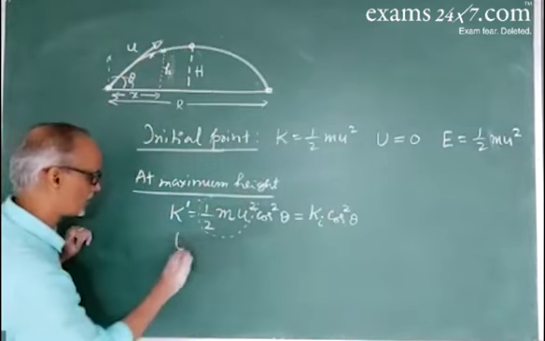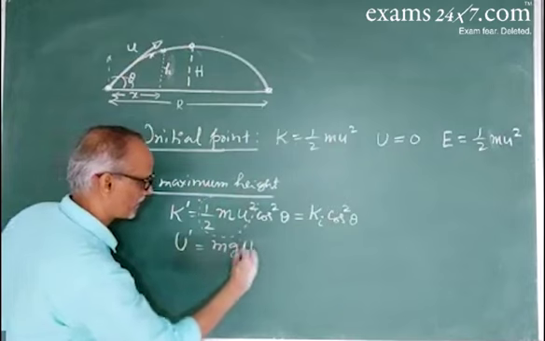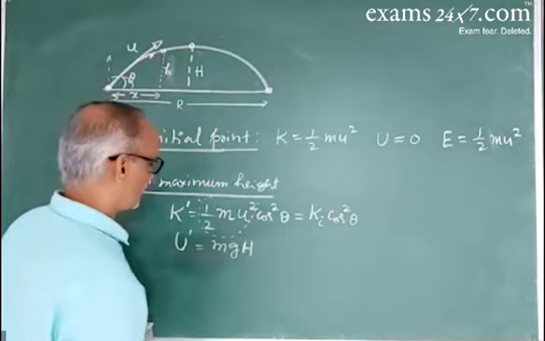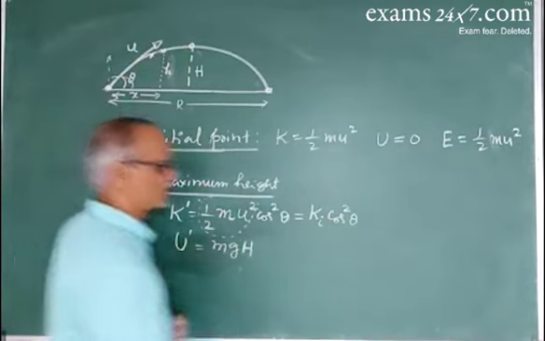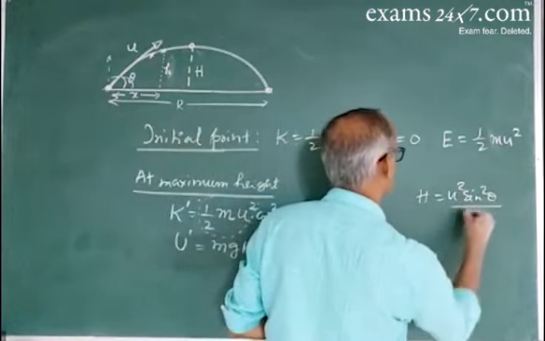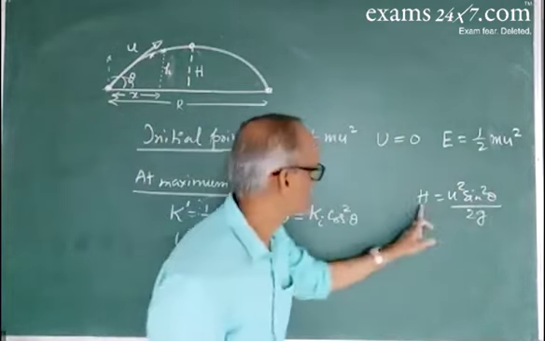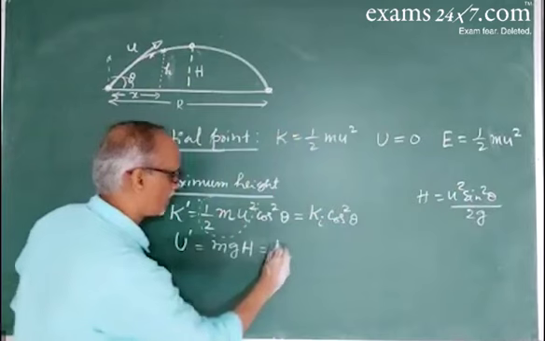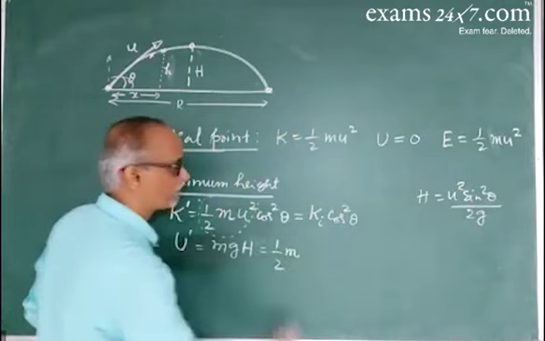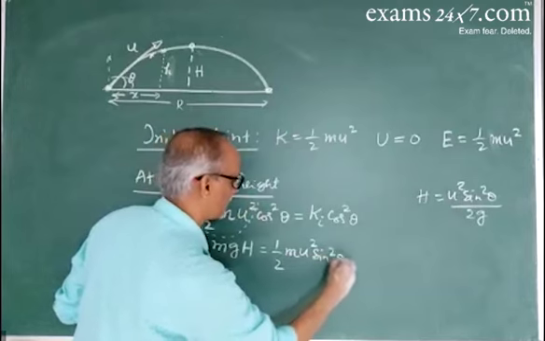So what is the potential energy at that point? It's m, g, and then h, where I can use the height relation. H is equal to u square sine square theta by 2g. So therefore, mgh is equal to half m u square sine square theta.